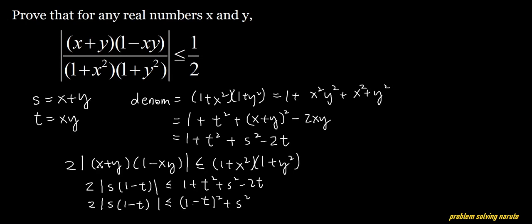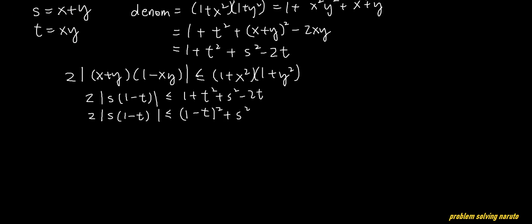Okay, at this moment, I hope you see the answer. This is just a straightforward AM-GM inequality. But what about the absolute value sign? Well, it doesn't matter. Let's just give everyone the absolute value, and here also, right?